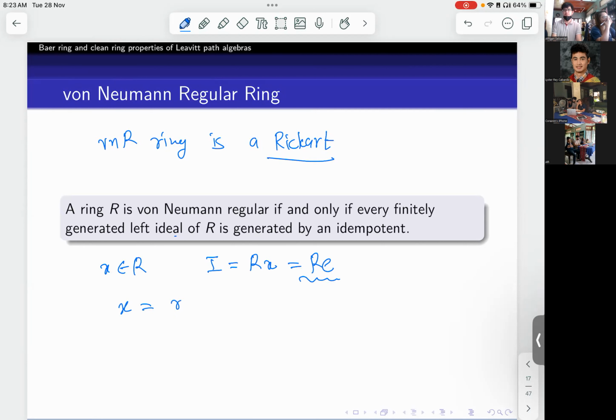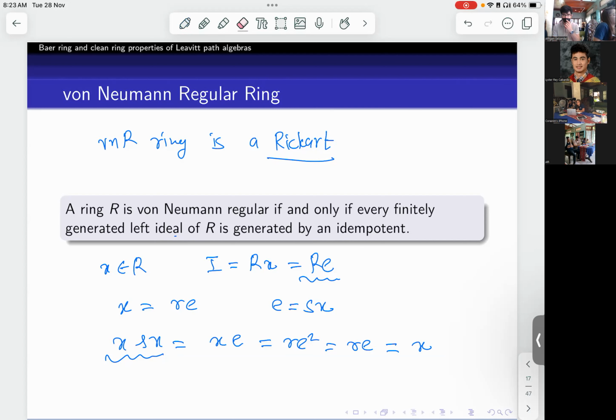So Rx is Re, but e then would be Sx for some S. Then XSX would come as Xe equals Re squared equals Re, since e is idempotent, e squared is e, and that would again come as X. So you can produce a weak inverse. One part is clear.